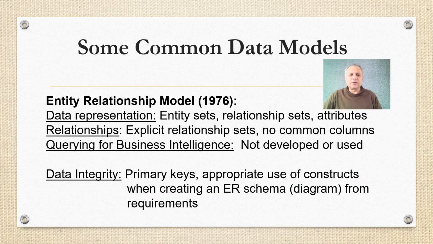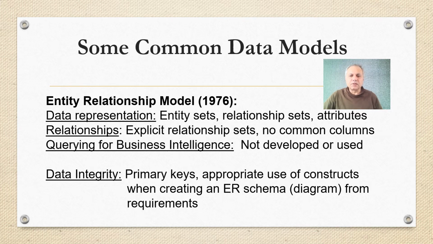Okay, the next model we're going to talk about is the entity relationship model, also called the ER model. This came out in 1976, which is about 5 years after the relational model. In this model, we do not represent data using tables and columns. Instead, we have diagrammatic constructs like boxes for entity sets, which would basically be a box with a bunch of objects in it.